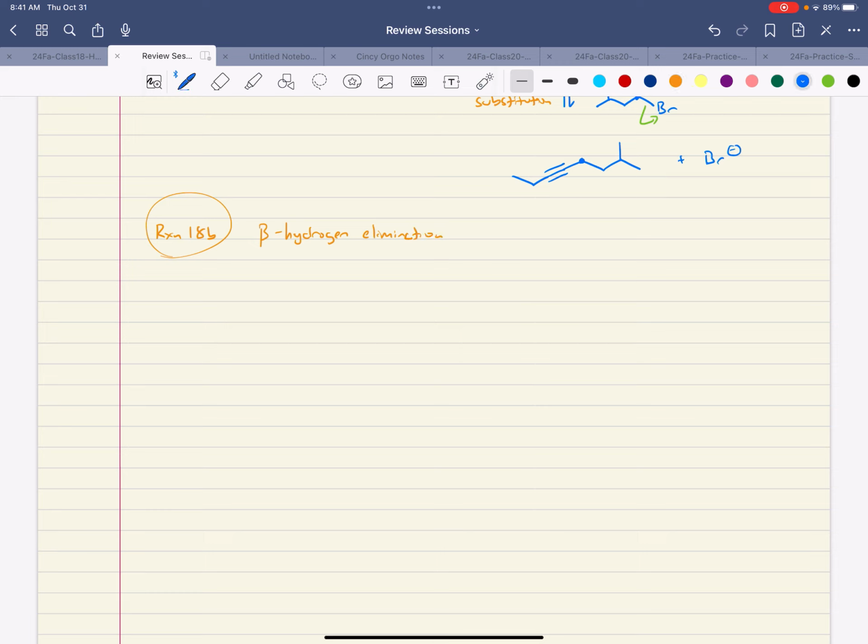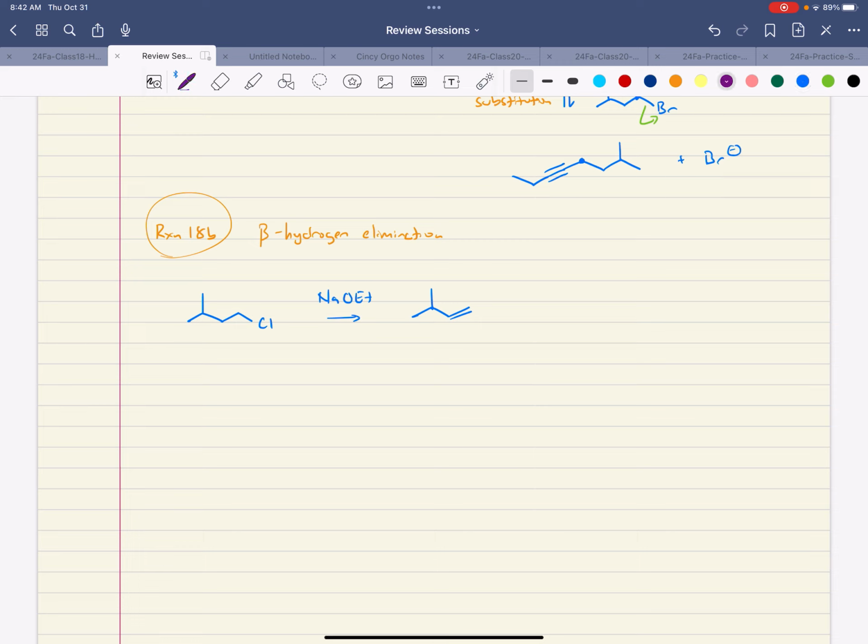Let's say we have this alkyl halide. Let me just make it primary for now. And my favorite base to use is NaOEt. And we get elimination at the alpha and beta position.